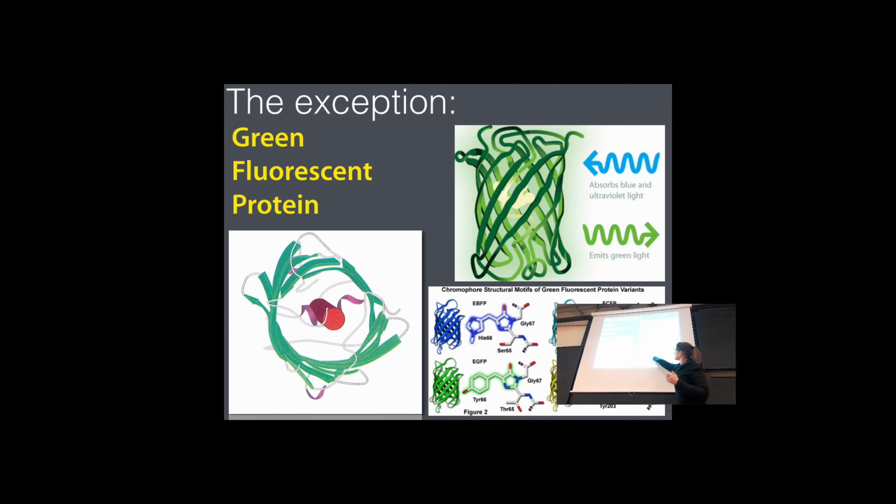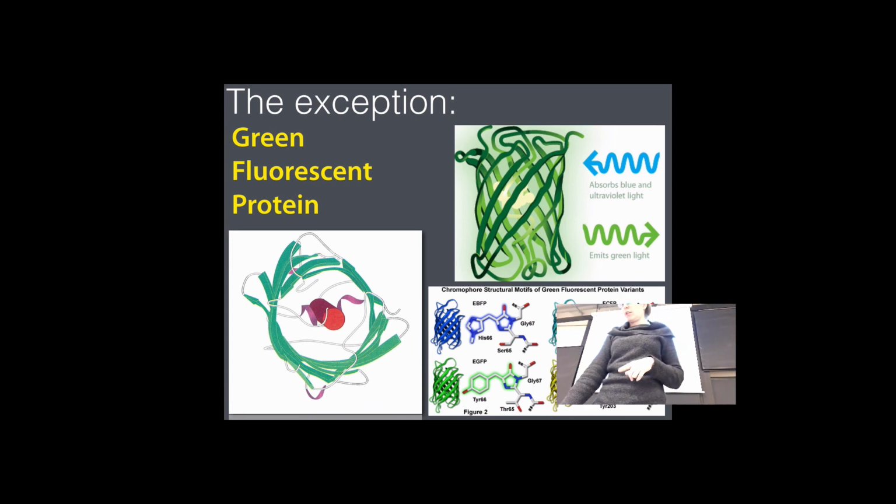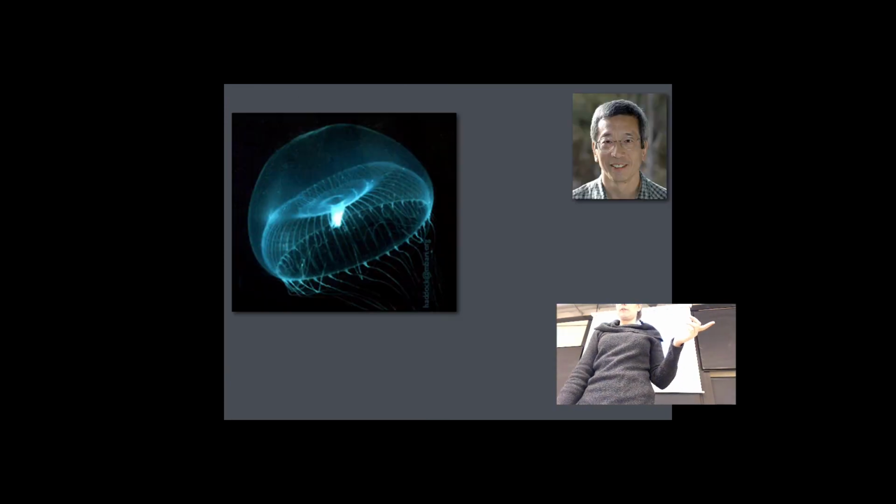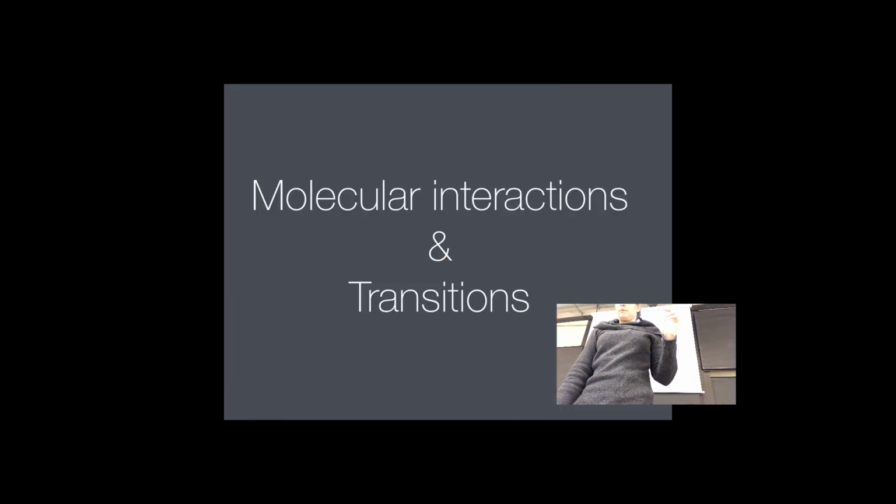And by changing the chemistry, you can change the color that will be absorbed and emitted, because the energy levels of the electrons on the two molecules are slightly different. It's pretty cool. I suggest studying fluorescence if you have time, because then you can learn more than what I can tell you. Okay?